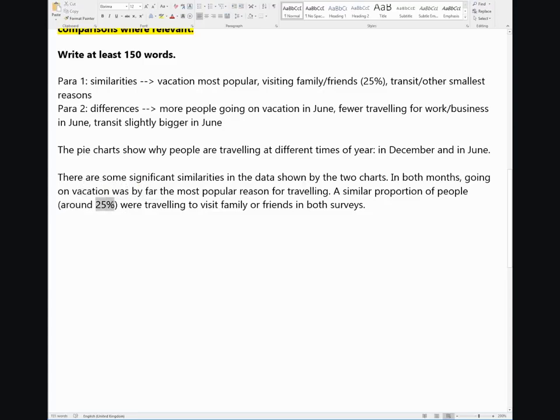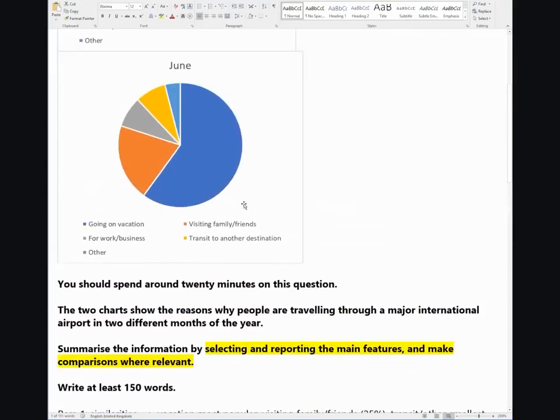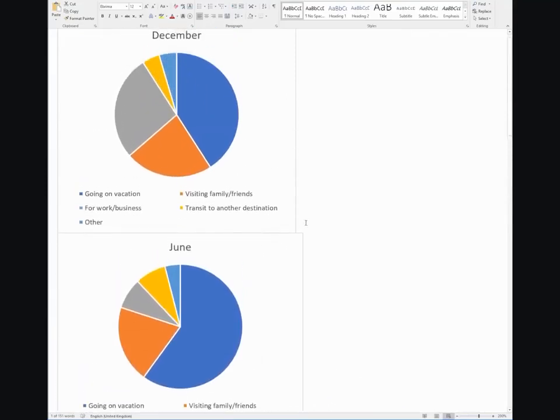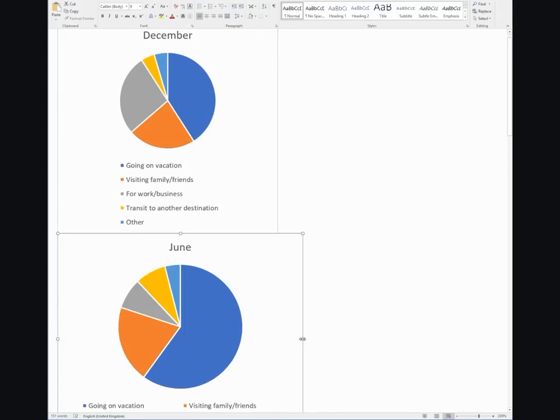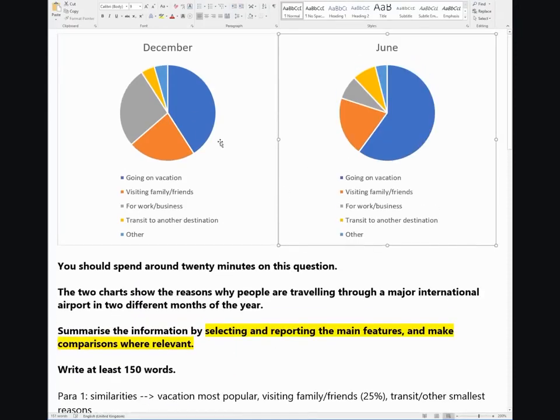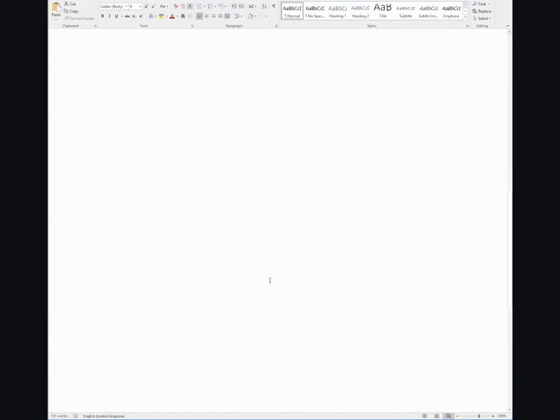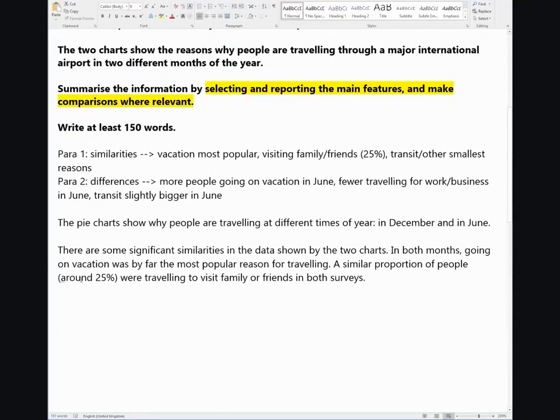I mean, if you say 25% and you don't add anything like around or about, then you mean exactly 25%. But looking at these pie charts, you don't know for sure what the percentages are because there's no scale, there's nothing to tell you the exact numbers. That means it's important to add some kind of approximating language like around, about, etc.